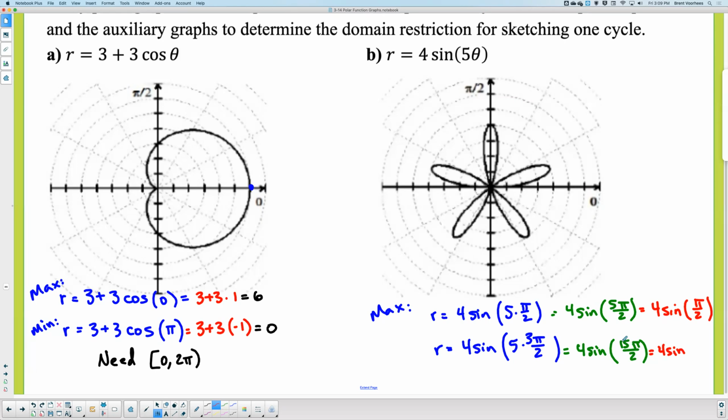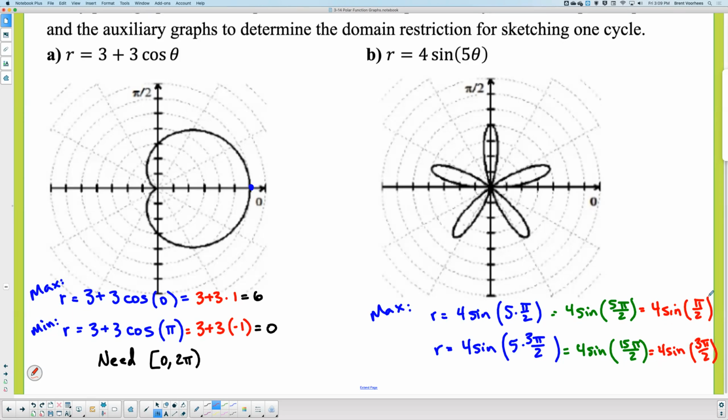Take away 2 pi, it was 7.5 pi, now you get 5.5, and you take away another 2 pi, you get 3.5. Wait, what am I doing here? I'm getting something wrong. Not 1 pi over 2. Let me think about this. Take away 4, it's 11, take away 4, 7, take away 4. Yeah, 3 pi over 2. There we go. Those are just coterminal values.